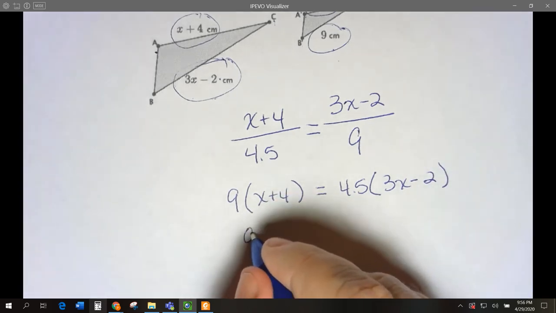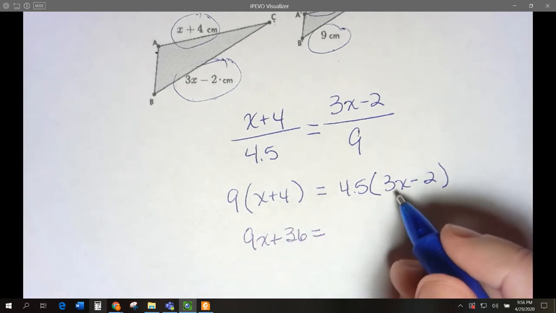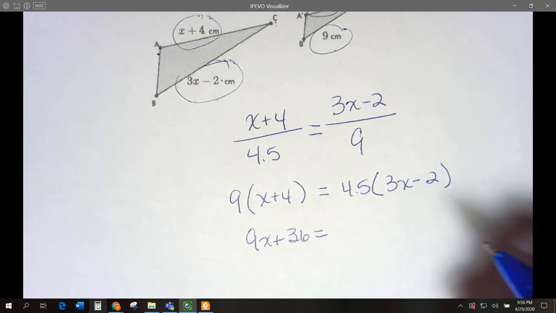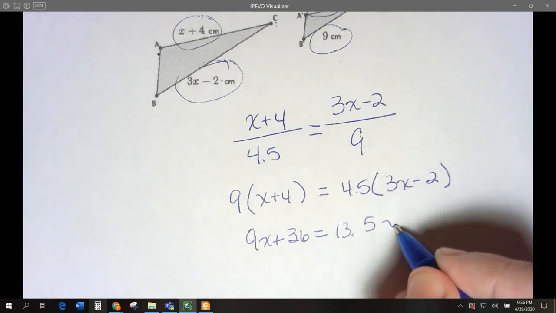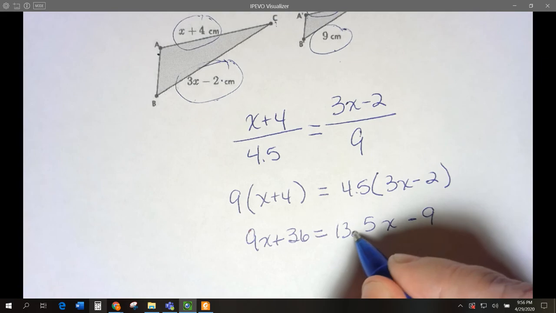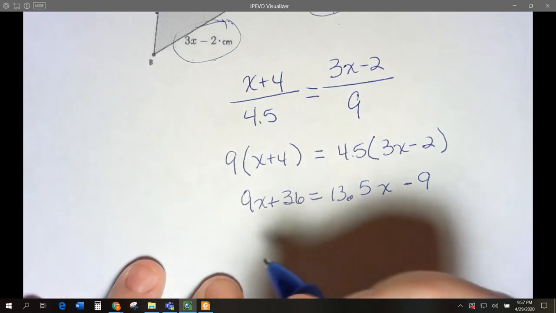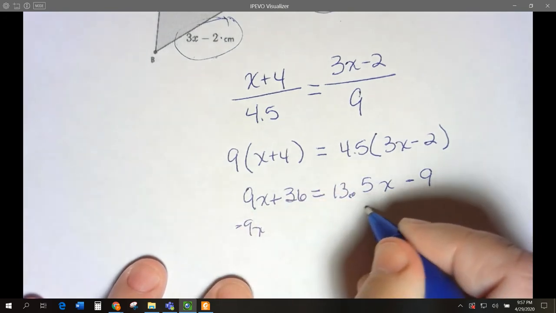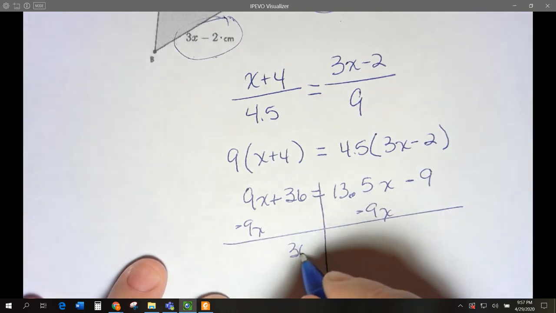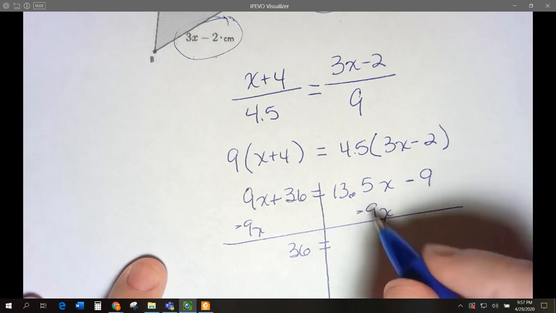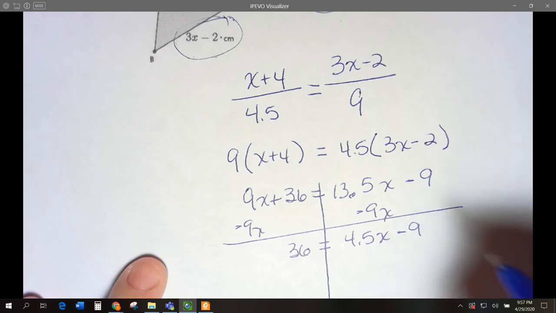This is going to be 9x plus 36 equals 13.5x minus 9. Got to get rid of the one with the smaller coefficient, so that would be subtract 9x. And I'm going to get 36 equals 4.5x minus 9.